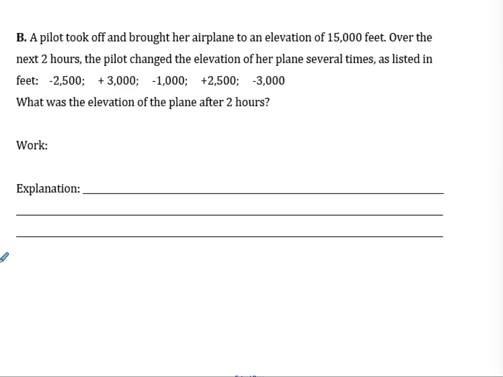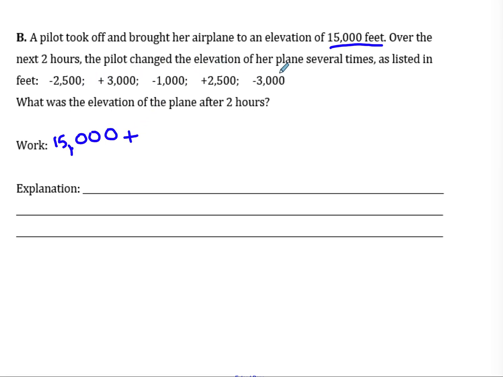All right, let's check our answer. So we want to make sure we're using this number 15,000 feet because it's not asking about the change of the elevation. They're asking what was the actual elevation. So I need to make sure that I include that number 15,000 as part of my work.